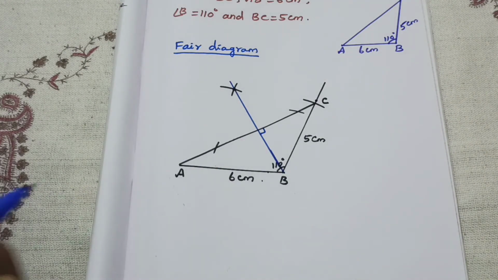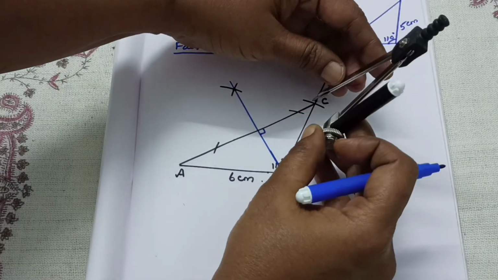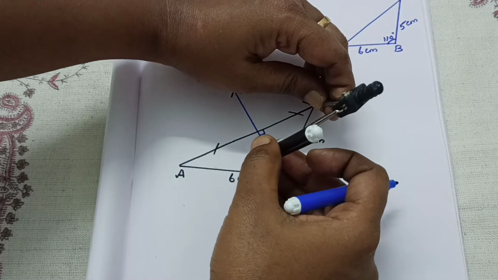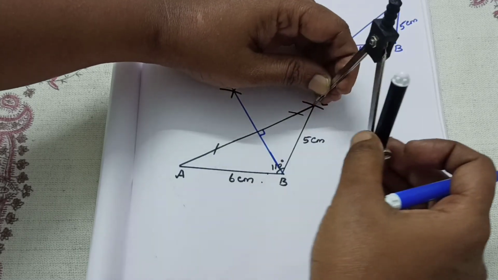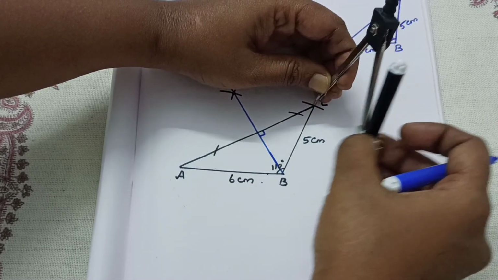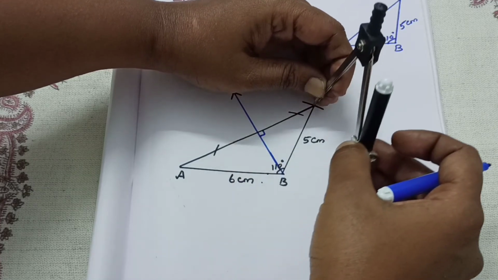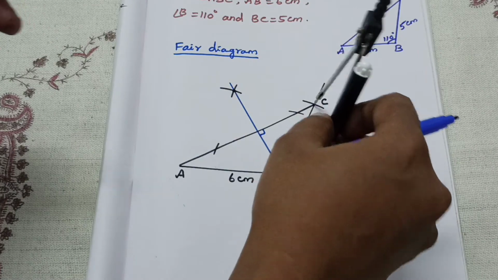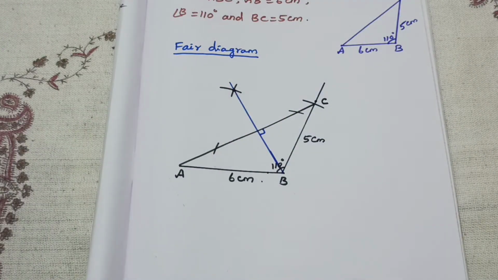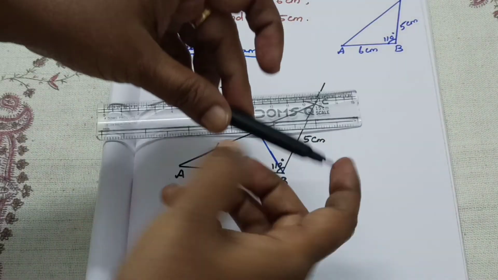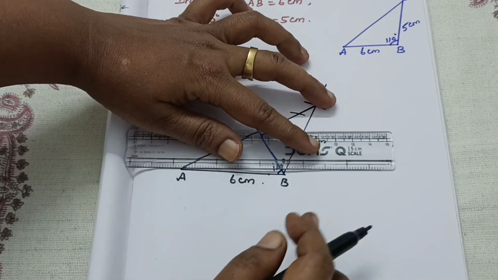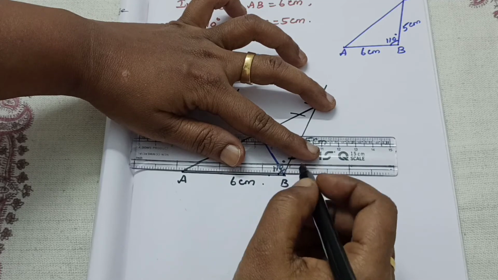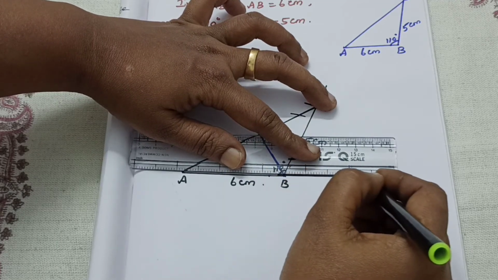Then we have to draw two arcs on the opposite side. But it won't intersect inside, so we have to extend the line. This AB we have to extend. This line we have to extend.